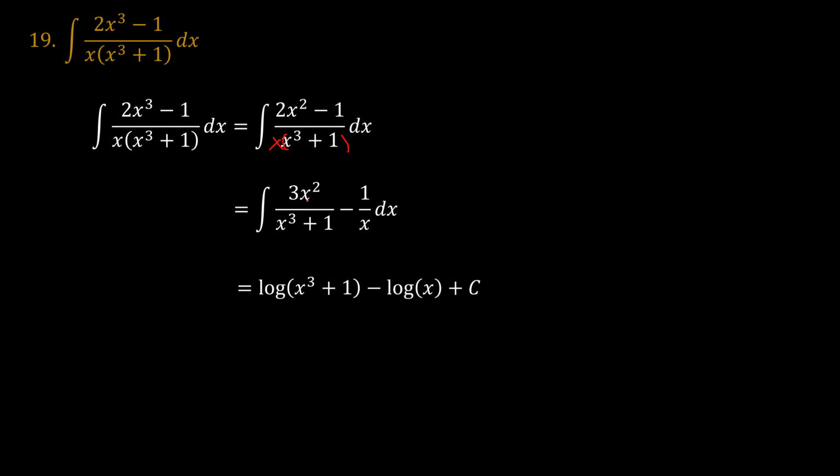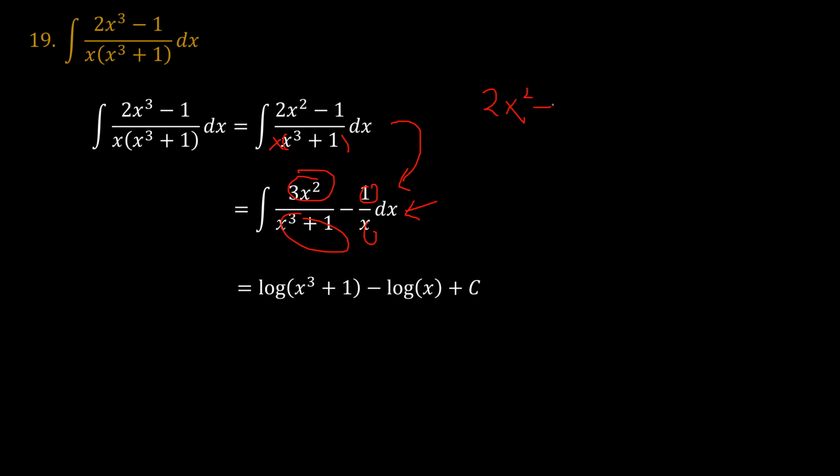And as this here, this is the derivative of the denominator here. And this is also the derivative of the denominator here. So we get log of x cubed plus 1 minus log x. I mean, you could spend some time to really confirm that this boils down to this. It's a very trivial problem. You could just do it like this.